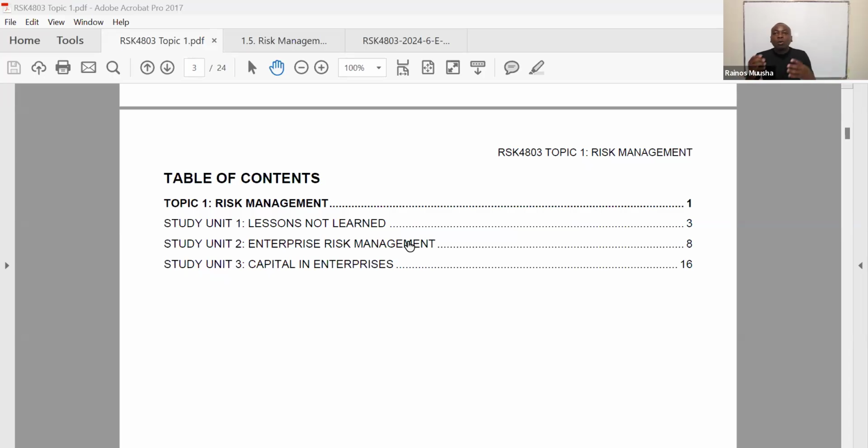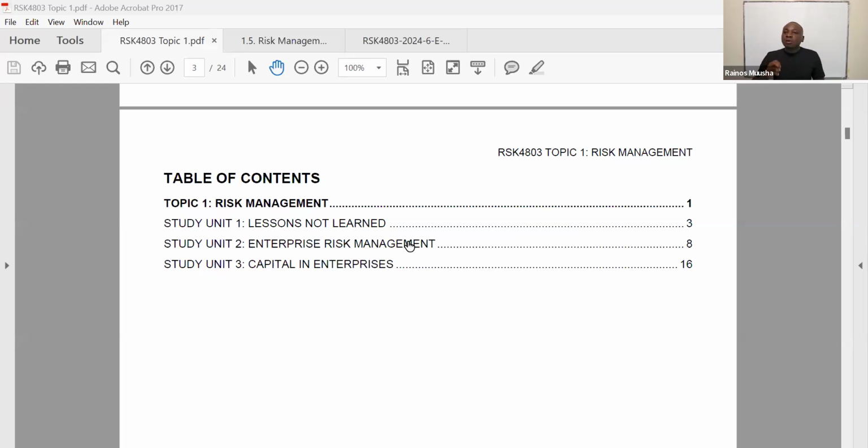is basically working hand in hand with the other functions or departments of the organization. Which means the risk management department needs to work hand in hand with the finance department, the marketing department, the sales department, the manufacturing department, and all other departments of the organization. Why?